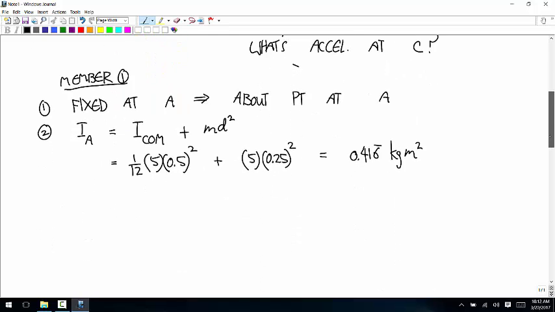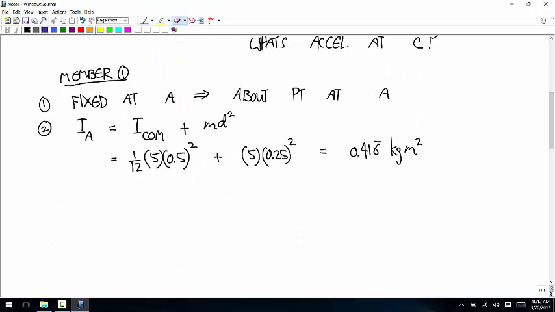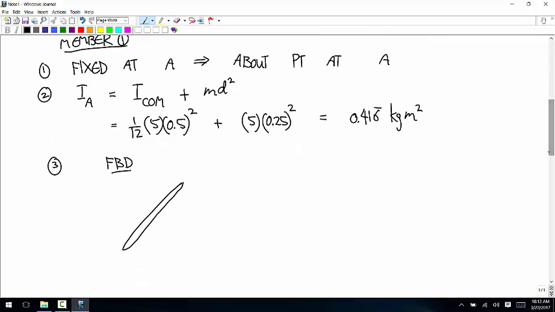And then the third step is a free body diagram. So what loads are acting? There's a weight, 5 times 9.81, so 49.05 down. The lower left end is connected to a pin joint, so that's an unknown force vector. I'll call that RA.